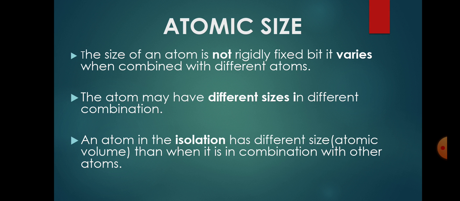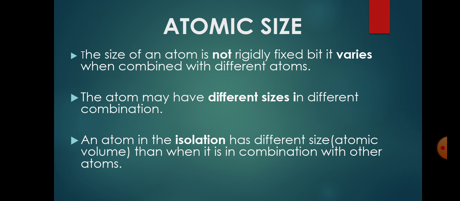The third point is that an atom in the free state, in isolation, has a different atomic size or atomic volume, but when that atom combines with a different atom, it shows a different atomic size.